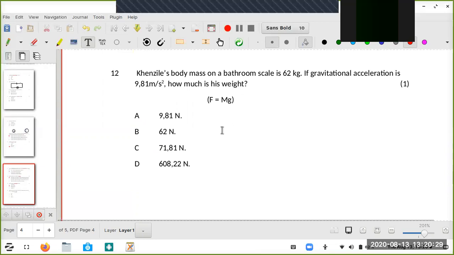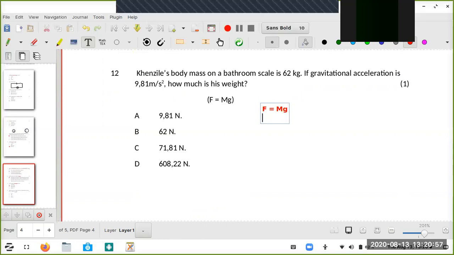Which means we have to find the force. And we are given this statement, F is equals to mg. This is the formula that we can use to calculate gravitational force, right? So in this case, force is equals to mass of the object multiplied by gravitational acceleration, right?